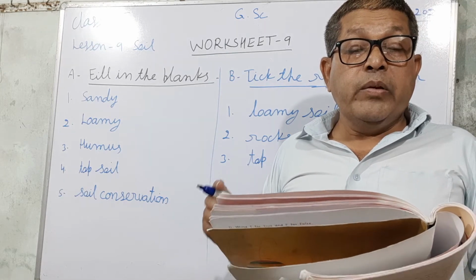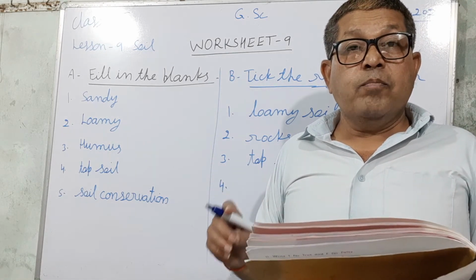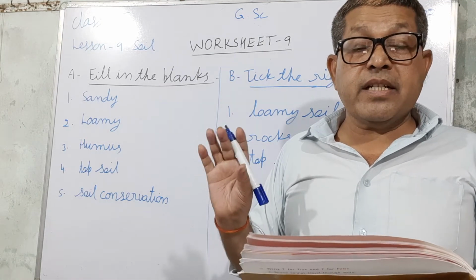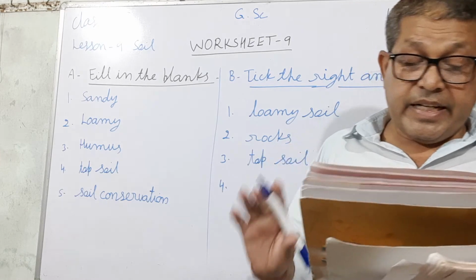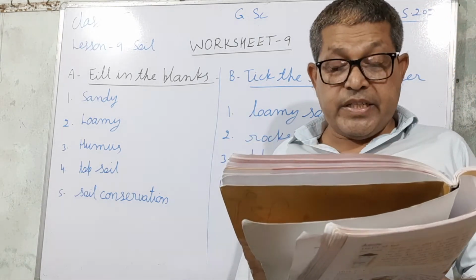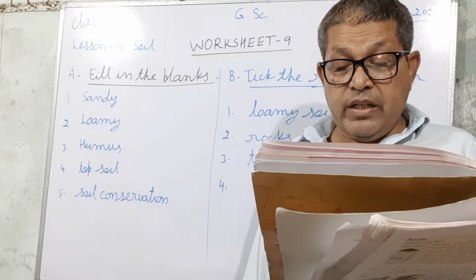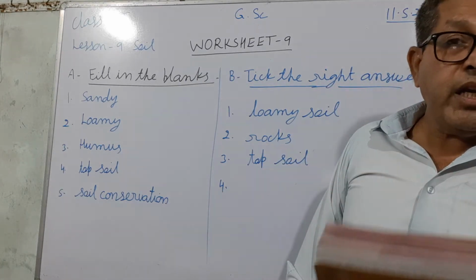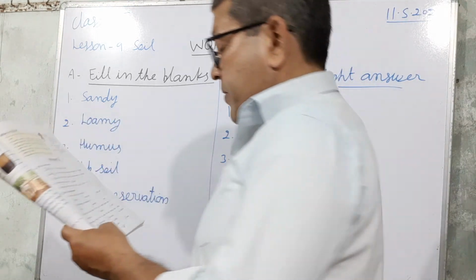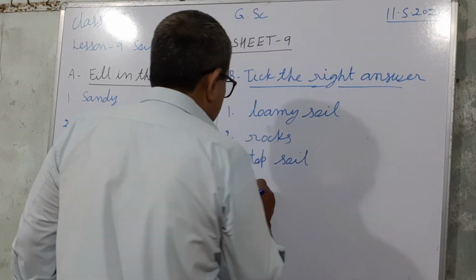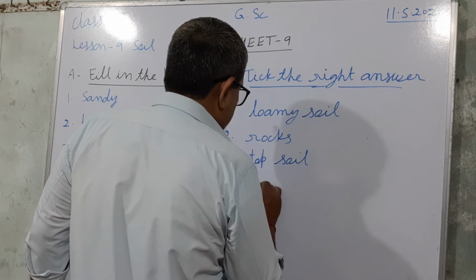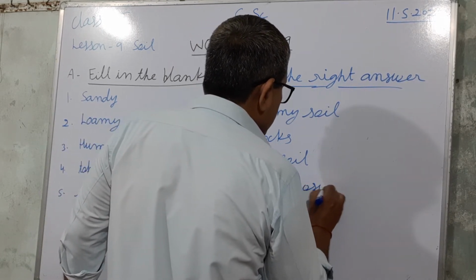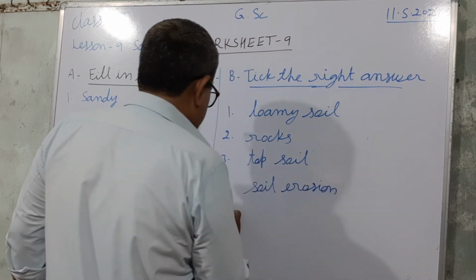Three options are given: soil conservation, soil erosion and soil protection. So here soil erosion is the correct option. Fourth, soil erosion.